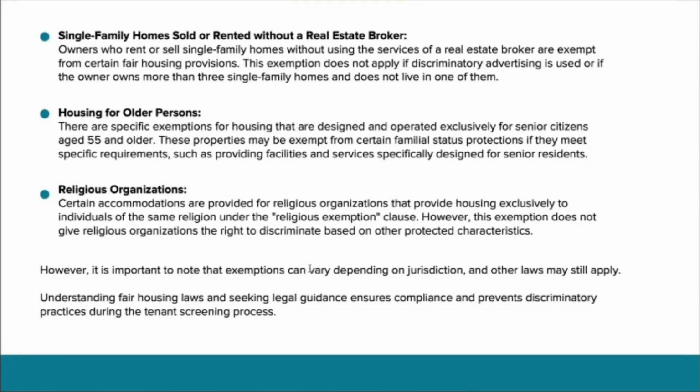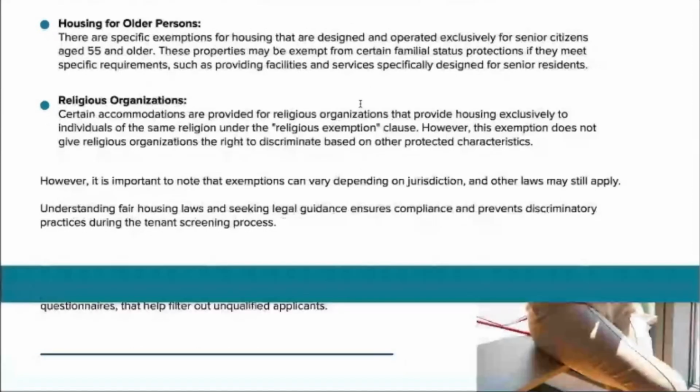However, it is important to note that exemptions, again, can vary depending on jurisdictions, and other laws may still be applicable. So it's important that you know what's going on in your area. Again, that's the reason why I almost didn't cover these 4 things, because some of these actually aren't even legal or they're even tighter restrictions to qualify for these things in some states and cities now.